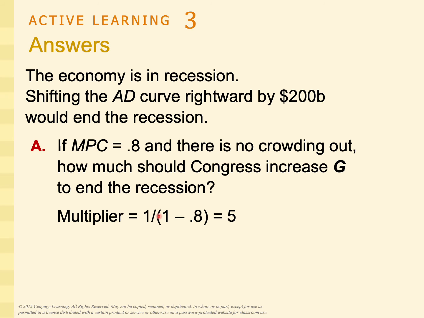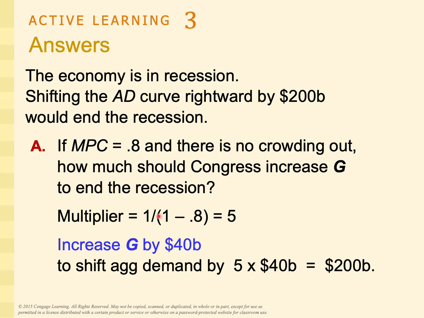So basically what we need to do is take the 200 billion that's required to end the recession and divide it by 5, which gives us 40. Right? Again, because the government spending will be multiplied by 5 times, and we want to get a $200 billion increase in aggregate demand.